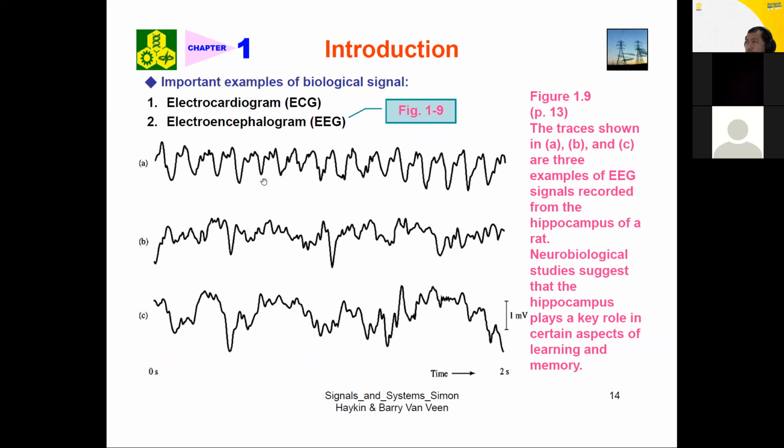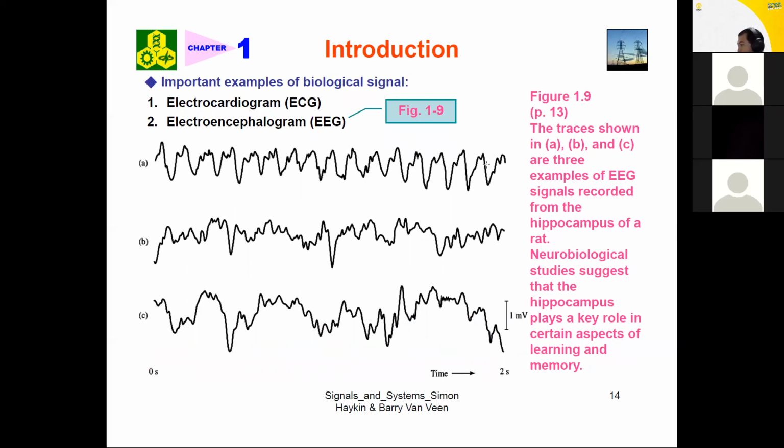Also, you can see this is the recording signal for the electrocardiogram.